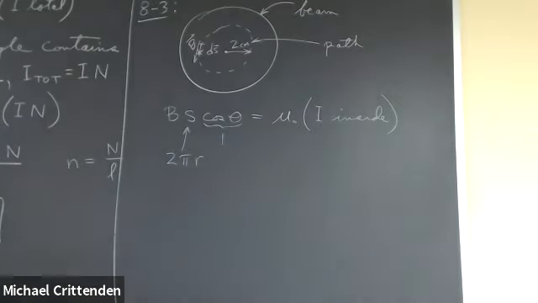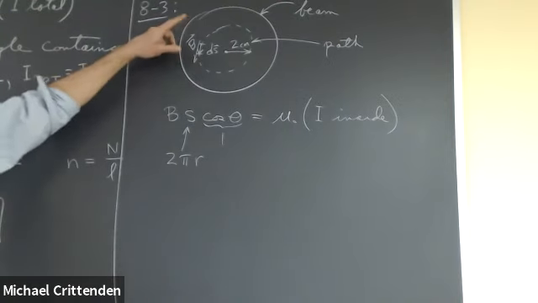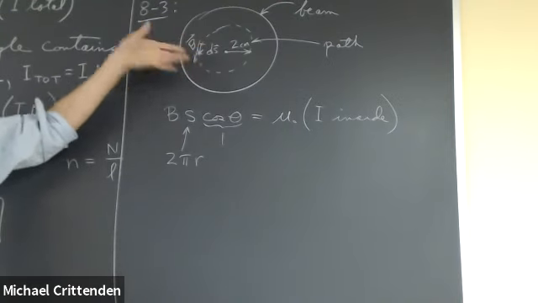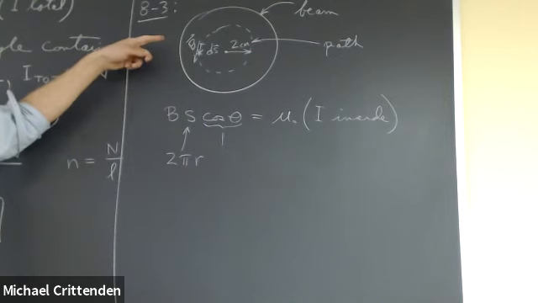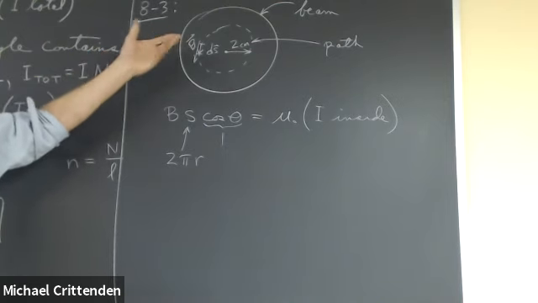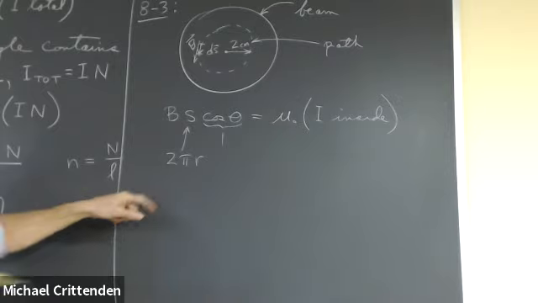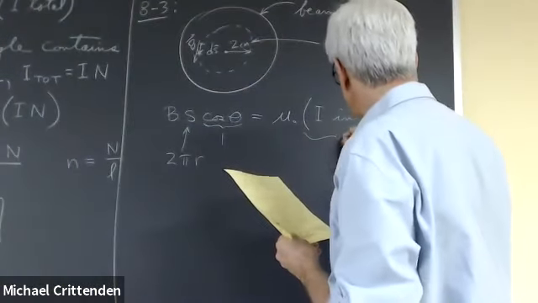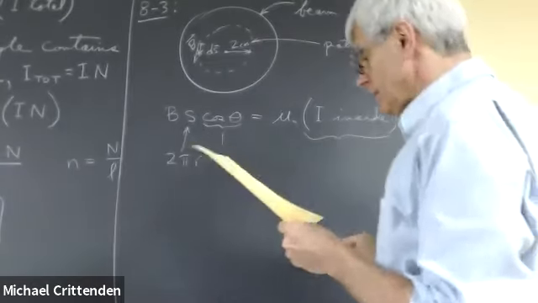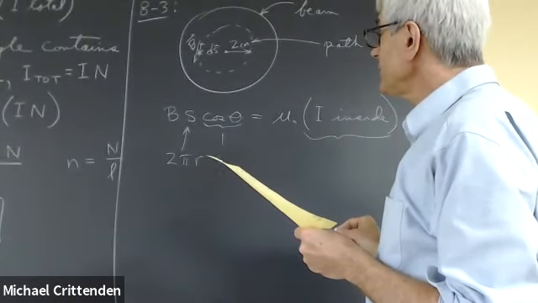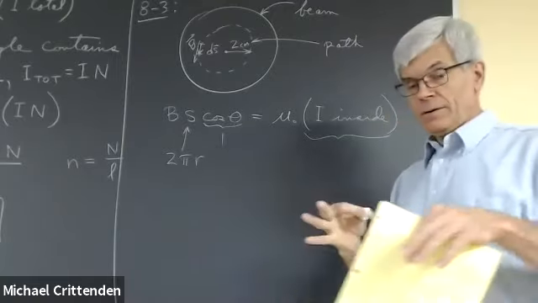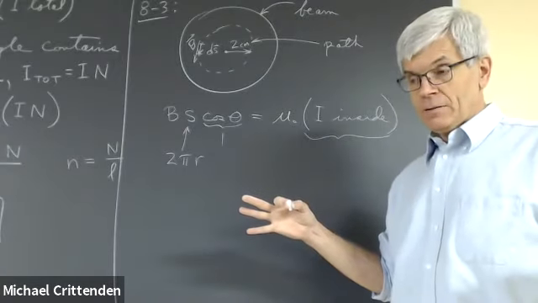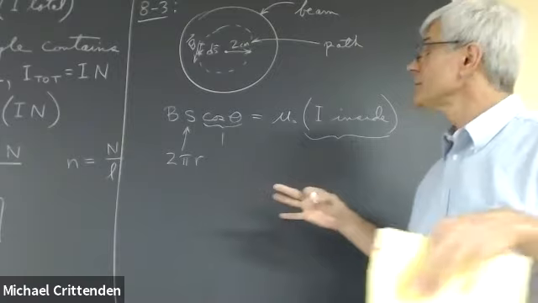When you're talking about a circular path, its length would be the circumference of the circle. In other words, if I've got an ant running around on my blackboard here, how far does the ant have to walk to get back to its starting point? As for how much current passes through the interior of that path, well, the bigger the path, the more amps are going to go through it.